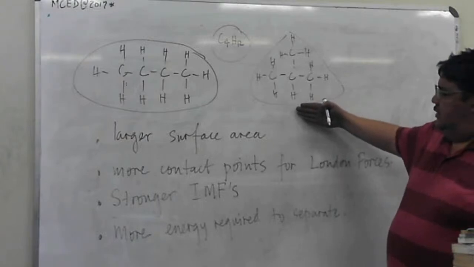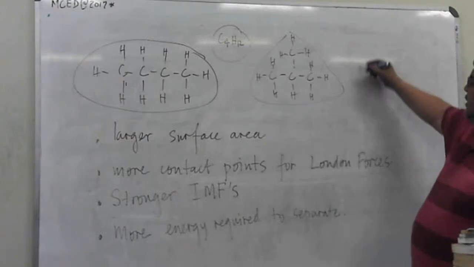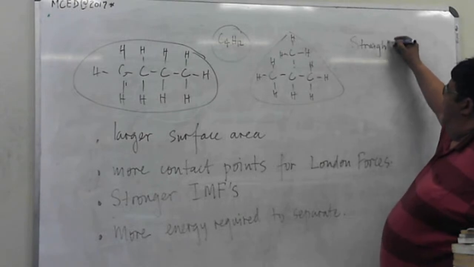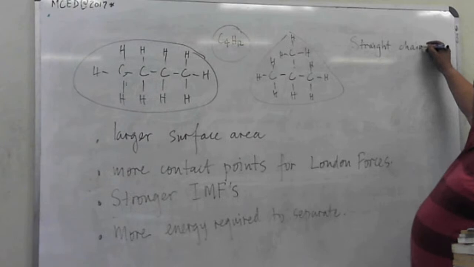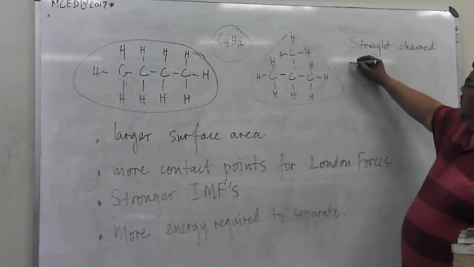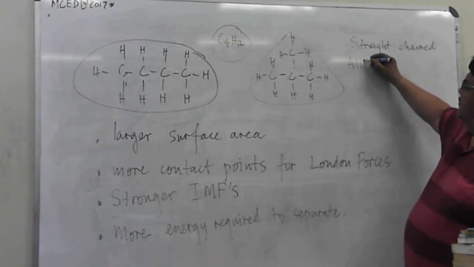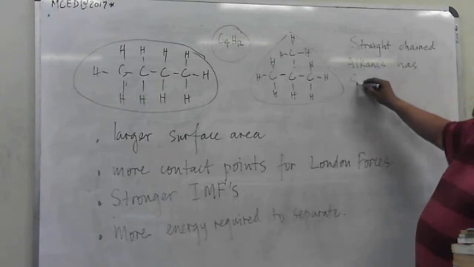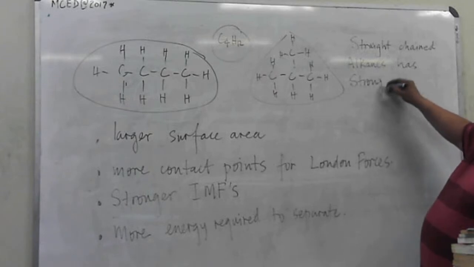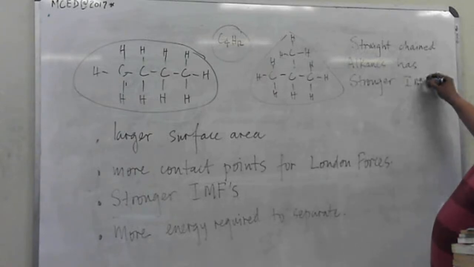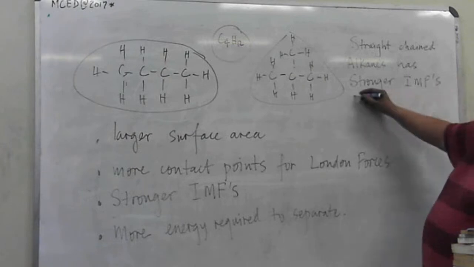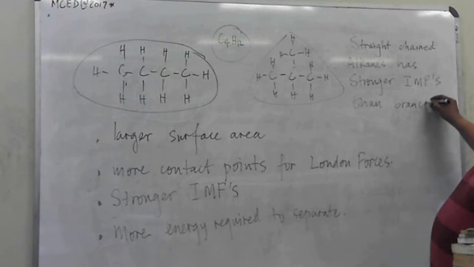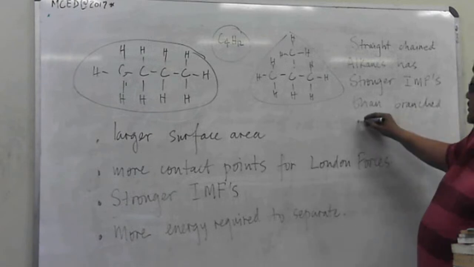So, importantly, straight-chained alkanes have stronger intermolecular forces than branched alkanes.